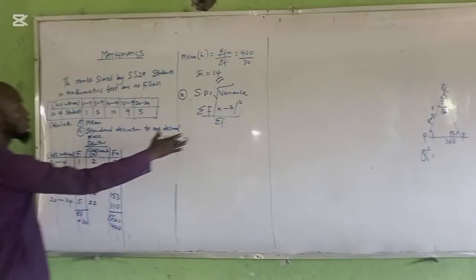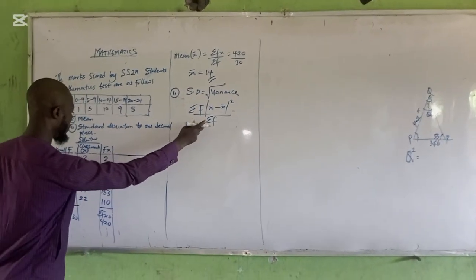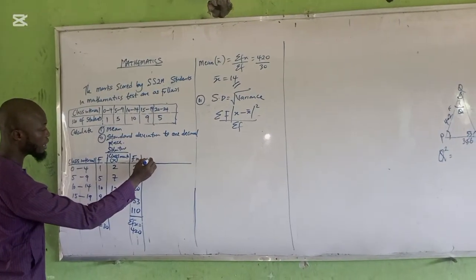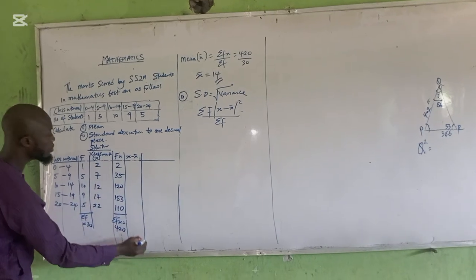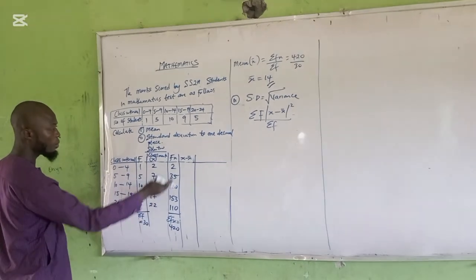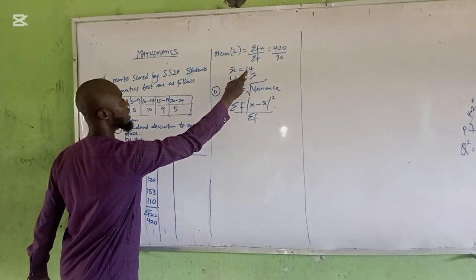So we need to find all those things so that we can substitute and get the value of the variance. From the definition, you have x minus x bar, so individual numbers x minus the mean we got here, 14.